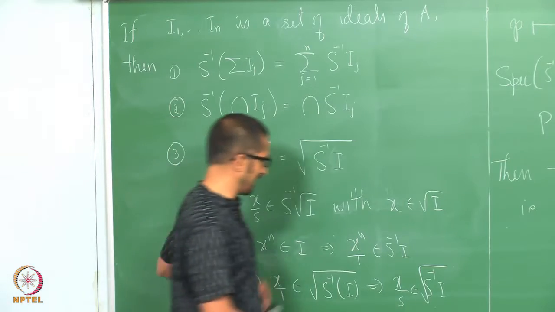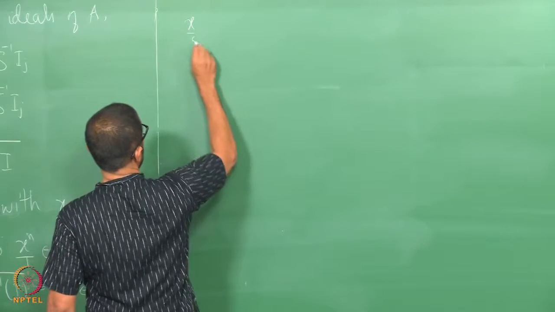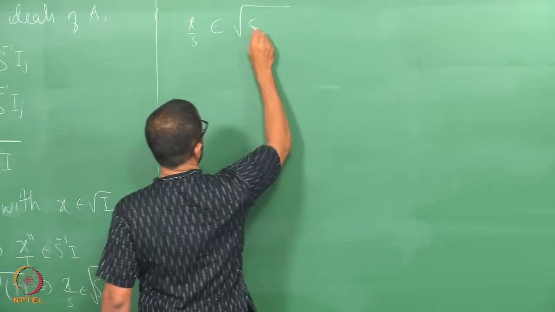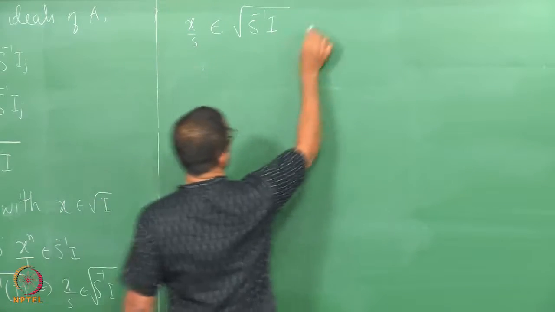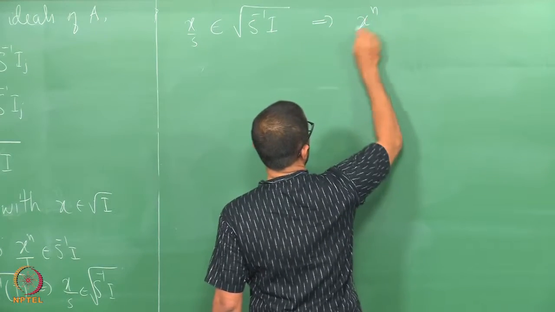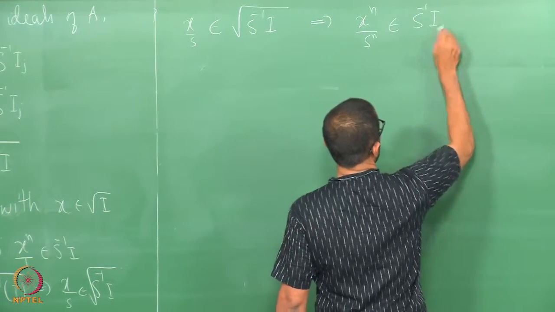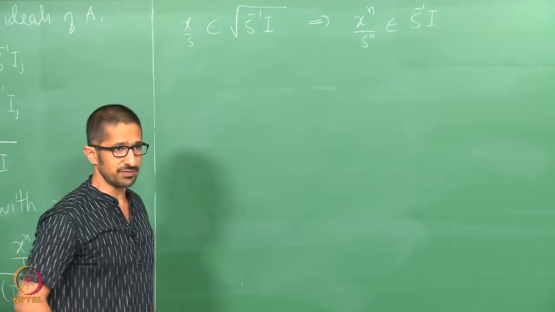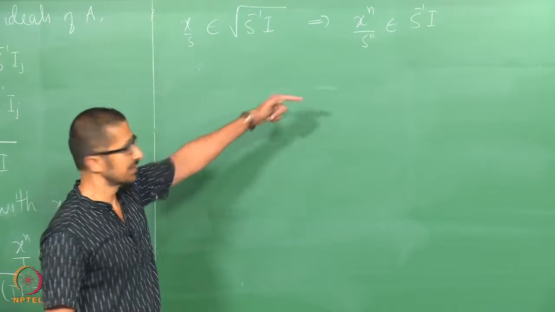So x by s is in radical of S inverse of I. That means I can write x power n by s power n is in S inverse of I. Every element of S inverse of I looks like some element in I divided by this.